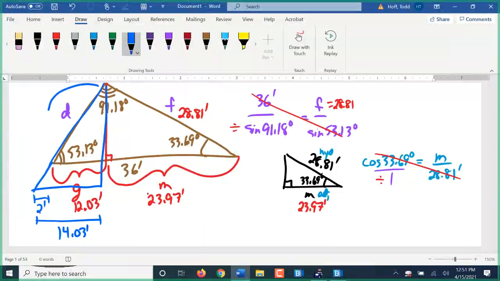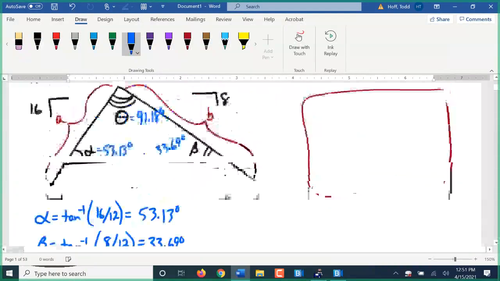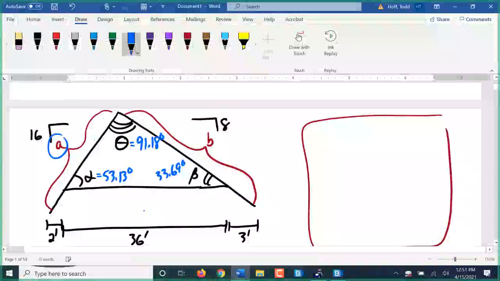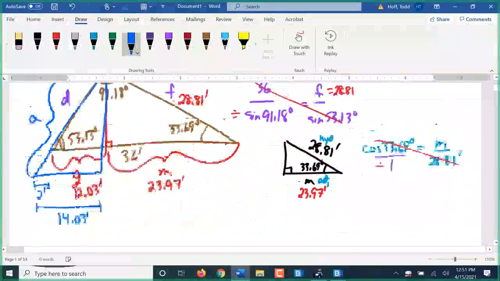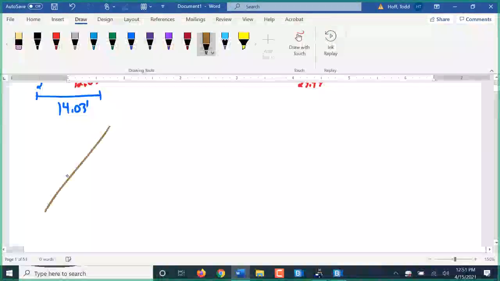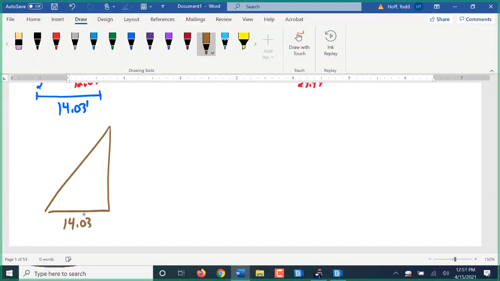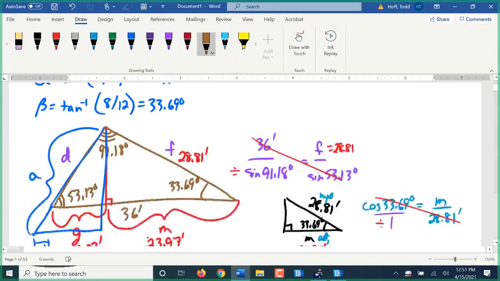And what I'm finding here is going to be that original dimension A that I was looking for. So I have that right triangle. I'm going to redraw it down here. This is 14.03 feet with the overhang. This is my dimension A, and this angle here is the 53.13 degrees.